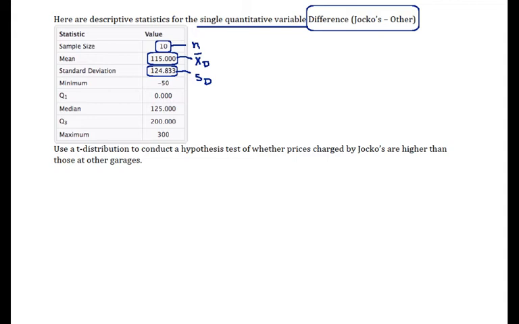So our T statistic, which is x sub d bar minus 0, we don't really have to write, over s sub d over square root of n. Looks like 115 divided by 124.833 over the square root of 10.